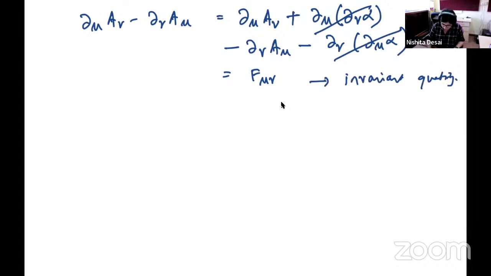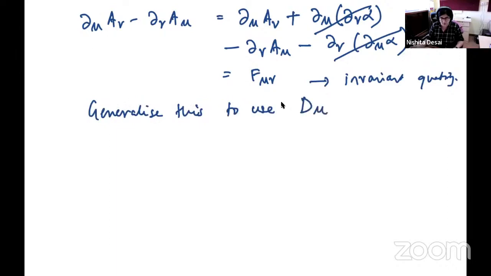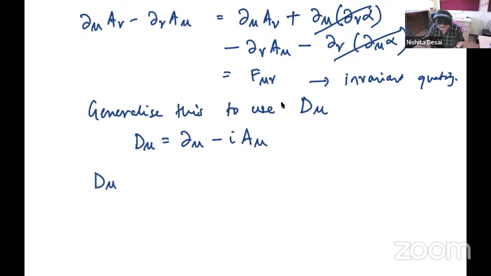Okay. So another thing we can do is generalize, use D mu. Okay. So remember D mu was del mu minus i A mu. And you can again look at D mu A nu minus D nu A mu. And in this case, you will get the usual result.